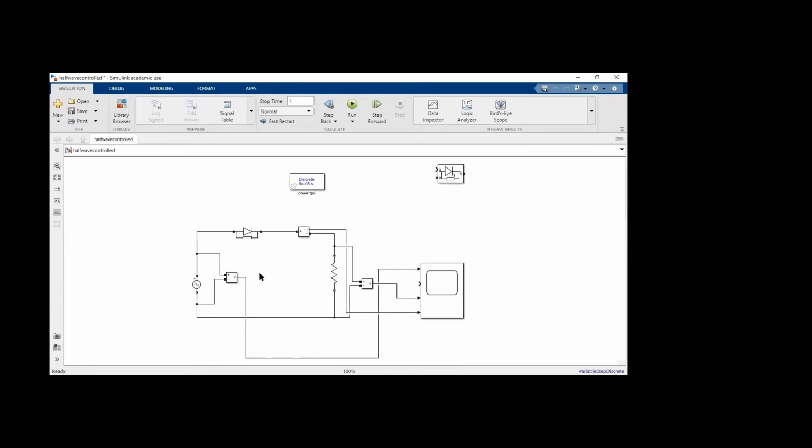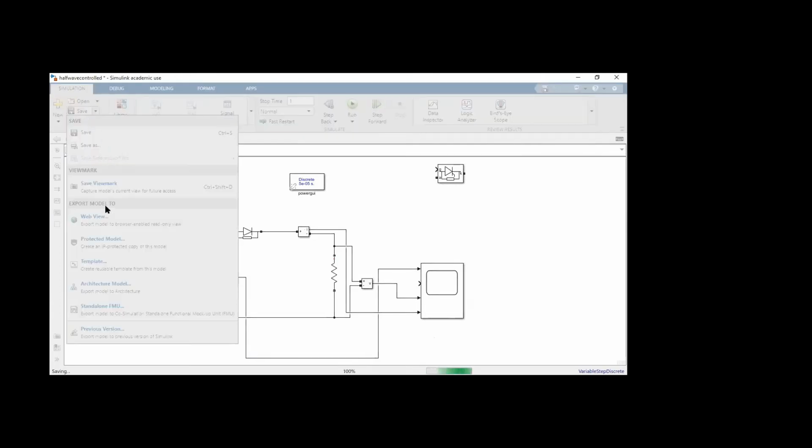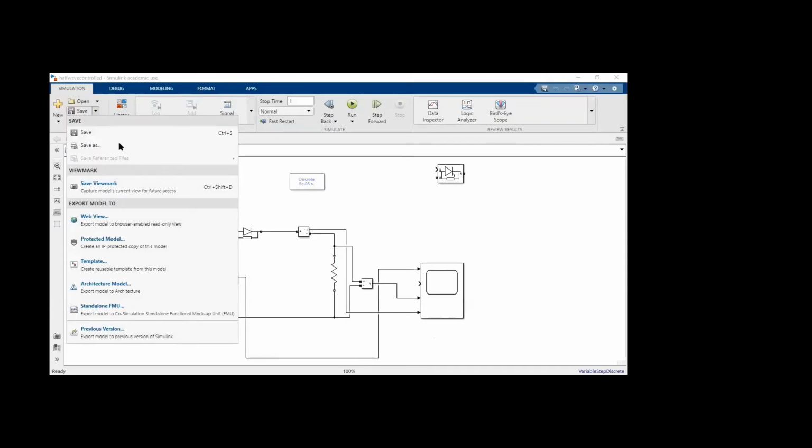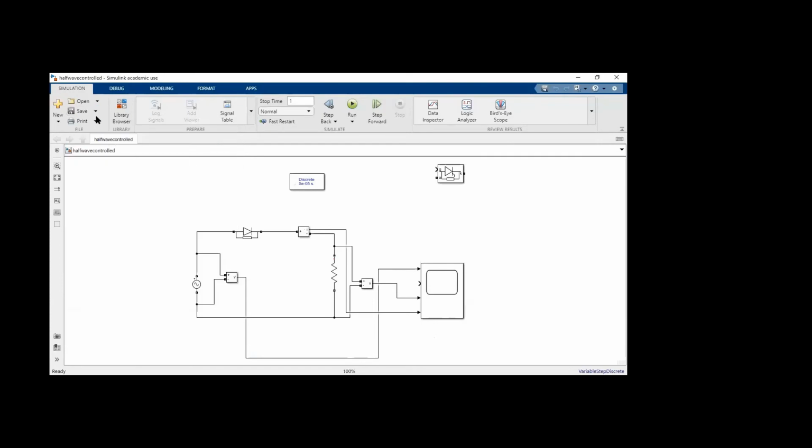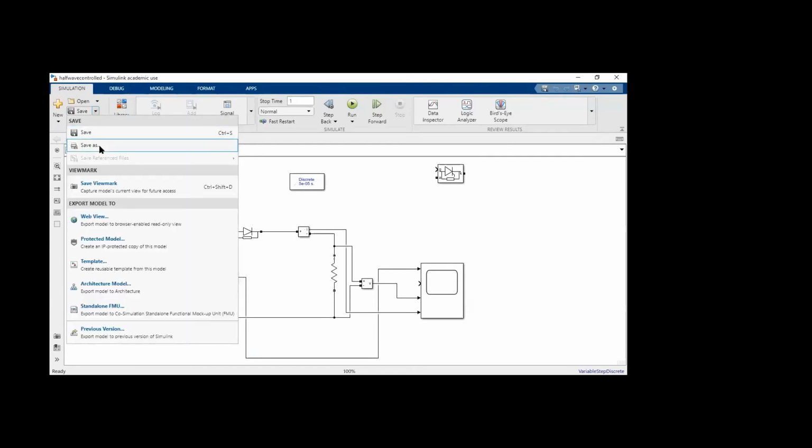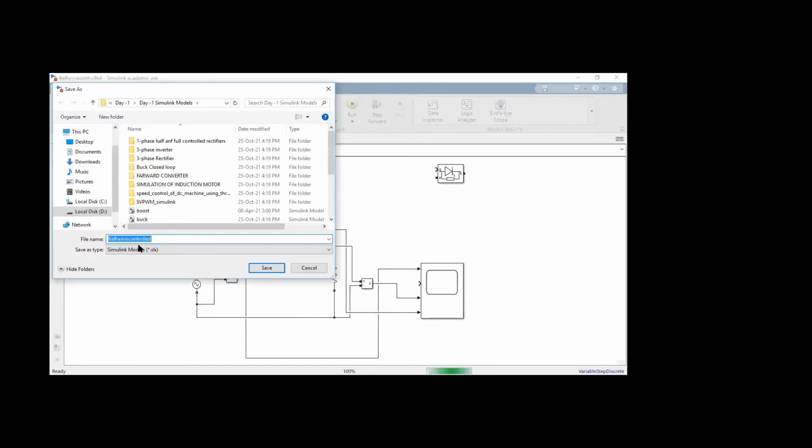The half wave uncontrolled, this is a control. Thyristor I use for control. Then now what do we need to do? I'm going to save it as file, save as. So this is uncontrolled. I'm saving. Okay.